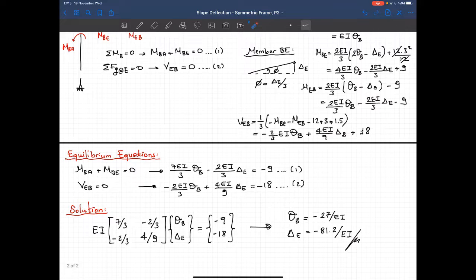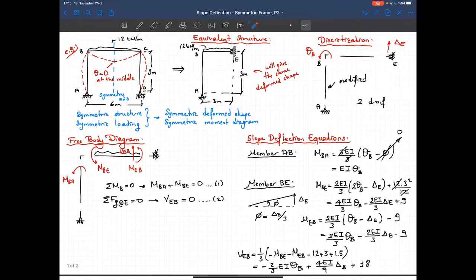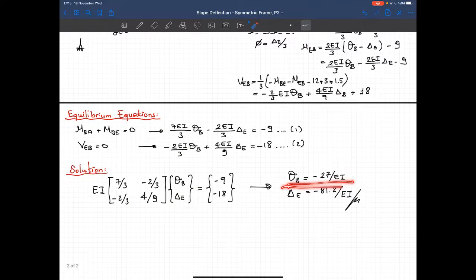Yes, it is, but our aim here is to show that when you have some idea about the deformed shape of any structure, you can idealize or simplify it by defining boundary conditions with an equivalent structure that gives you the same deformed shape. If you correctly represent the deformed shape of the original structure with the equivalent structure, you get exactly the same result.